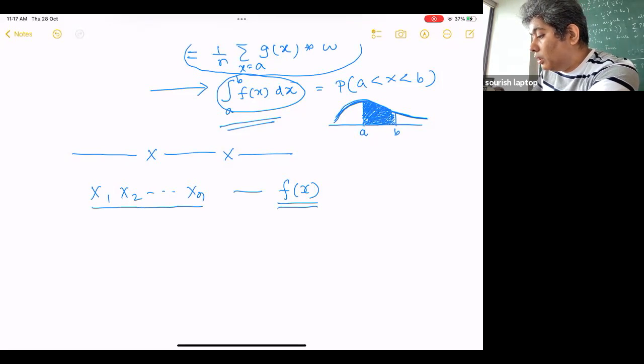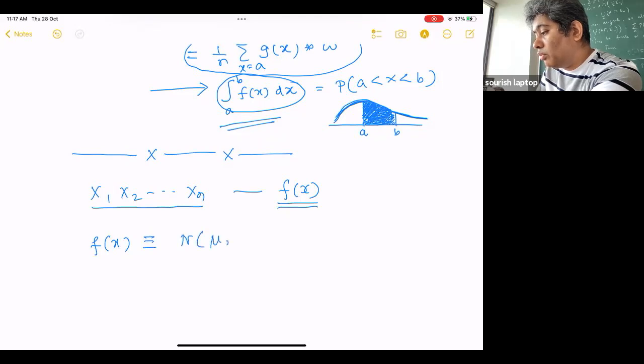Can we think of f of x as the PDF of a normal distribution with some mean mu and some variance sigma square? Can it be a gamma distribution with A and B?